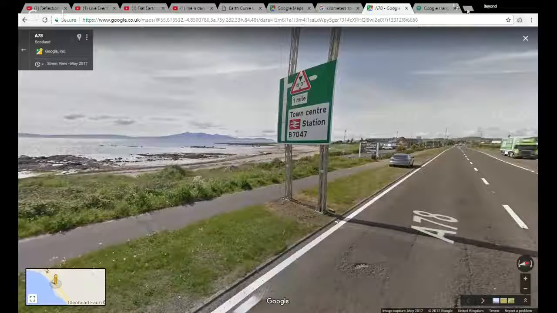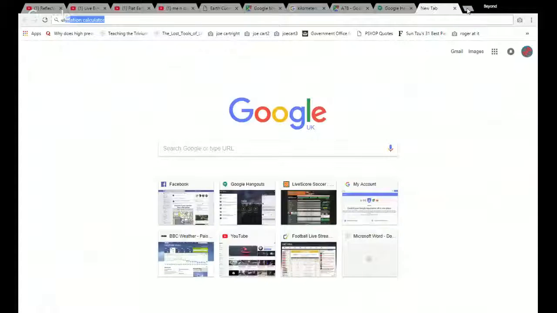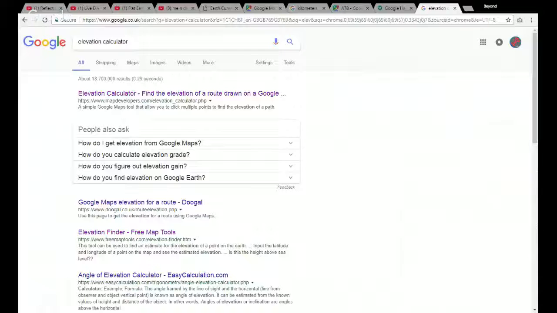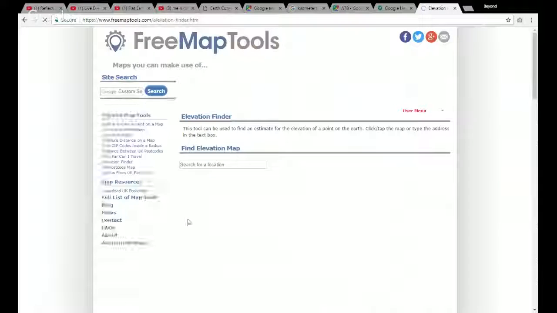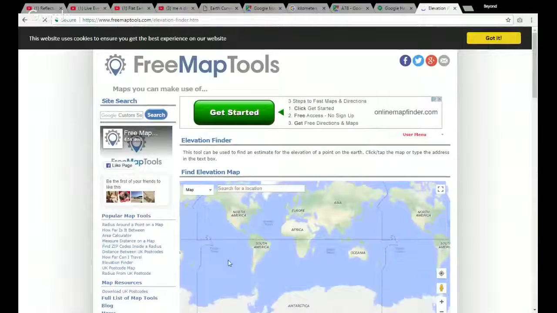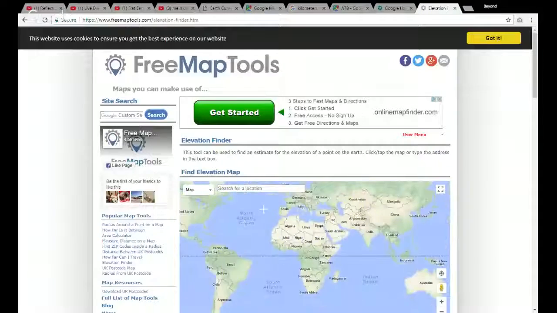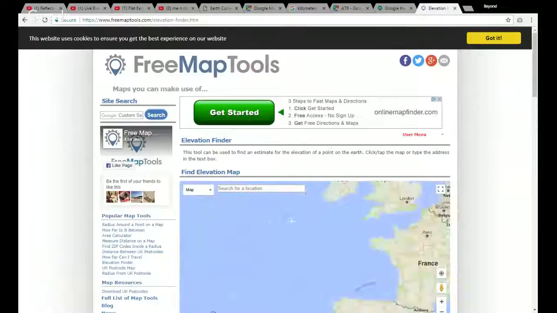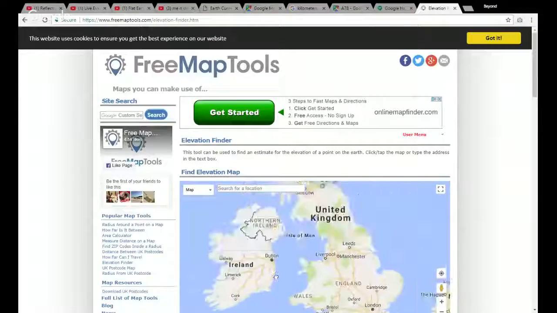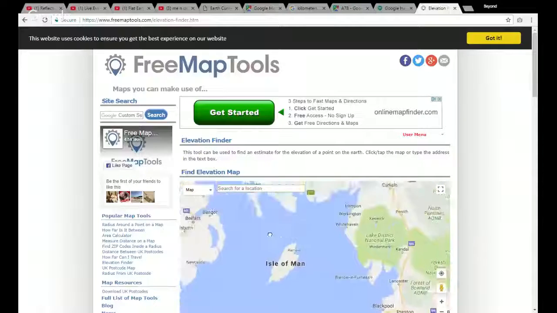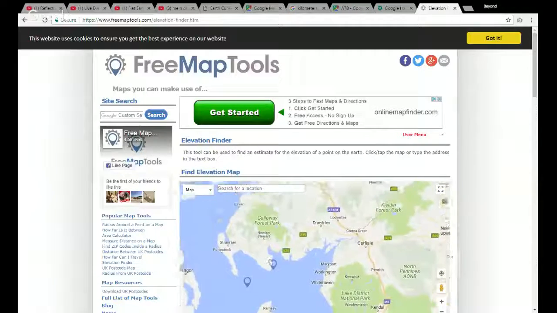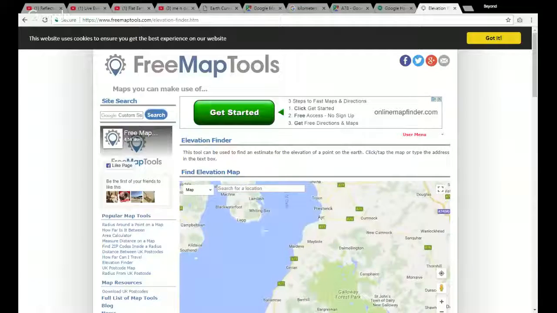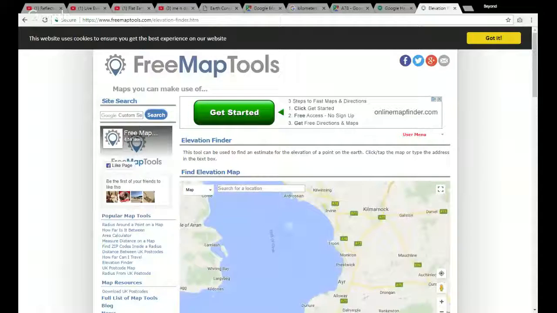Oh, I've lost my elevation finder. Such a fidgety pain in the arse, this stuff, honestly.